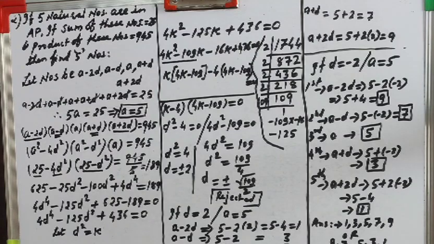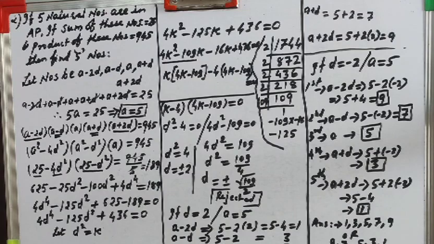Hope you understood this concept of getting 5 numbers, or earlier I explained how to get 3 numbers. In the beginning, as I told you, you must proceed with the correct numbers which are in AP. For 3 numbers, you will always proceed with a minus d, a, a plus d.